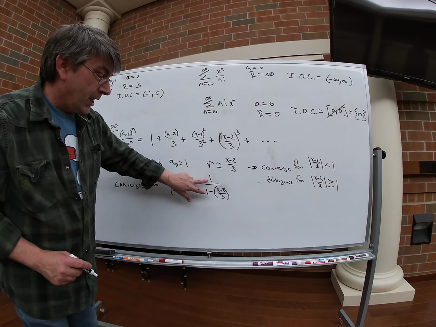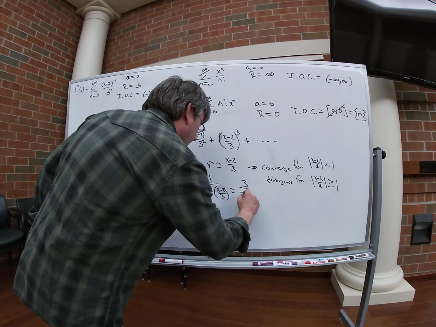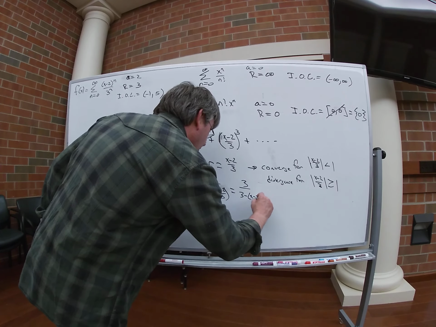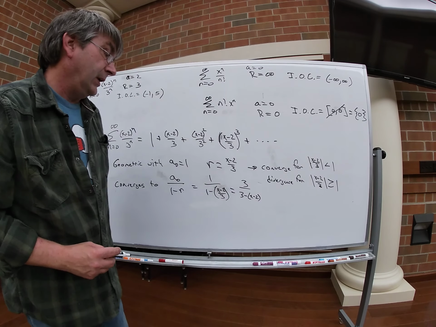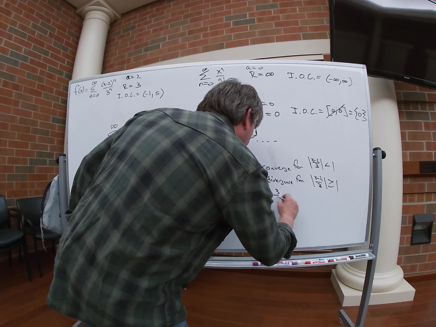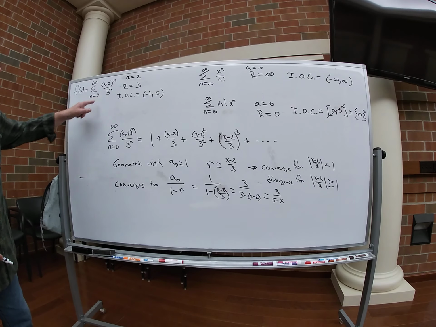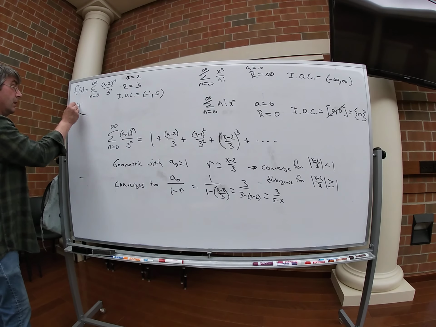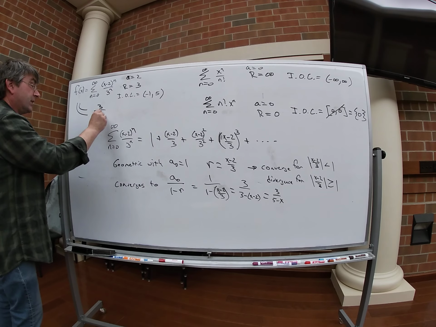If I multiply top and bottom by 3 to clear the complex fraction, I get 3 over 3 minus (x minus 2). But that's 3 minus x plus 2, that would be 5 minus x. So I get 3 over 5 minus x. That tells me what function this is. This is the function 3 over 5 minus x.